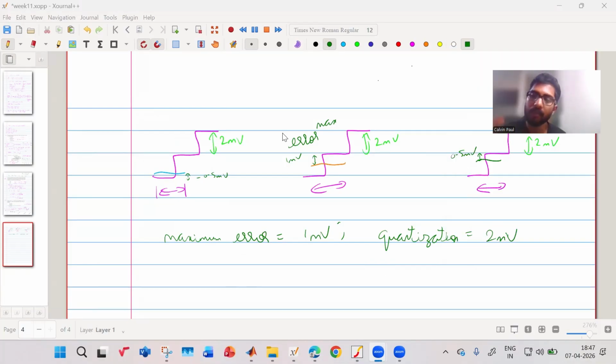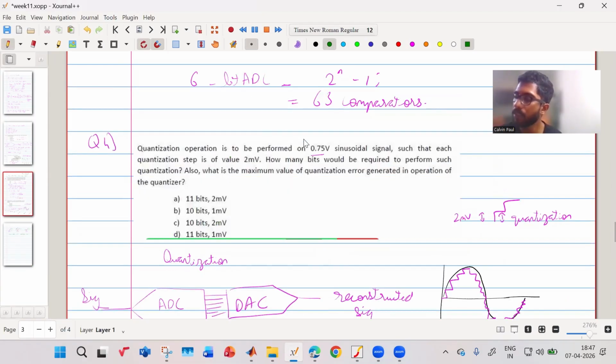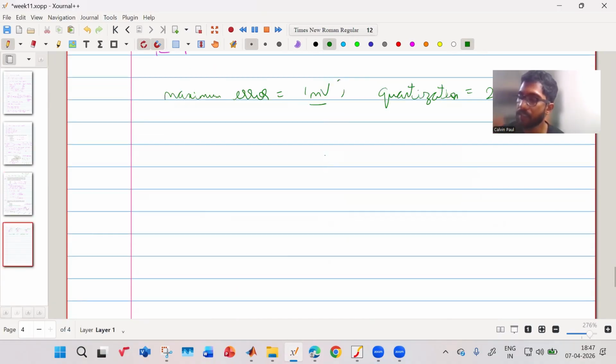Okay, let's continue. The maximum error which we got is 1 millivolt and the quantization step is 2 millivolt. Now, in your question, you have to perform it on a sine wave of 0.75 volt. What is this 0.75 volt? That is this: you have a sine wave, and this is your 0.75 volt.